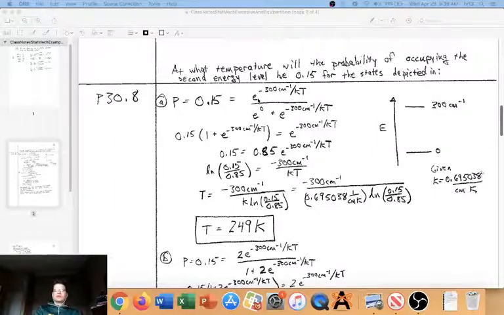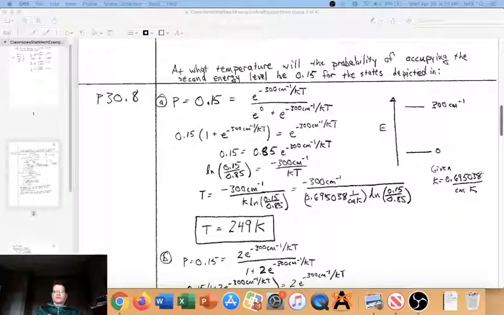If this is all we have for our system, we plug in the Boltzmann weighting for the excited state divided by the sum over the two states, the only two states that exist. Do some math, and there's a conversion that has to happen in here. It's helpful to know that the Boltzmann constant in wave numbers is 0.695038 per centimeter Kelvin.